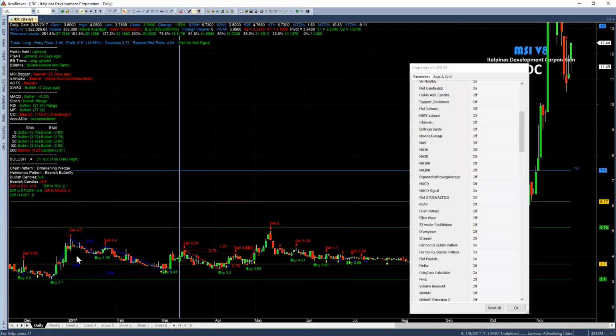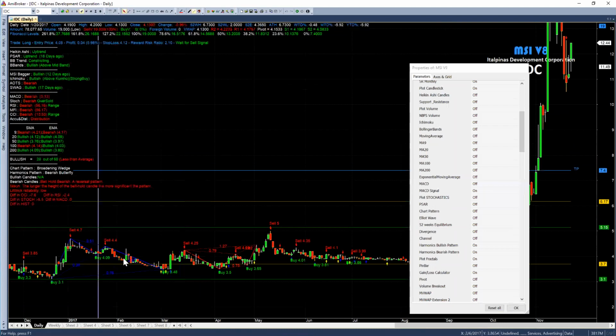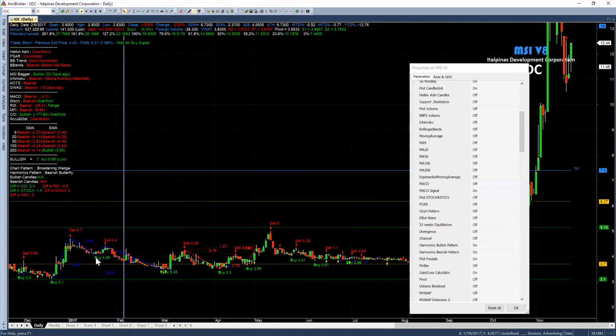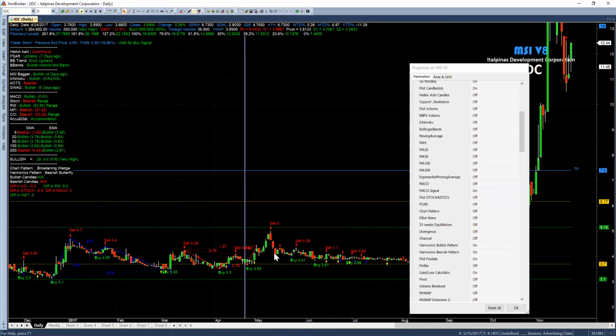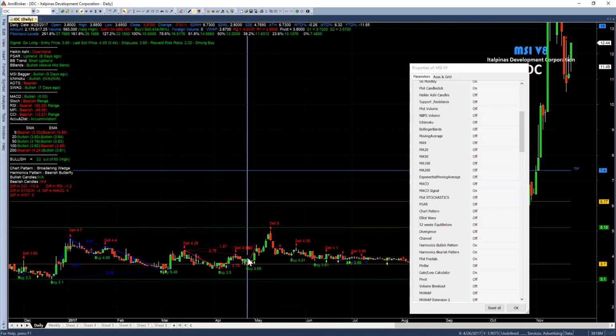Okay? So makikita nyo pag blue yung harmonics, this is a bullish harmonics pattern. And this one is a bearish harmonics pattern. Again, makikita nyo dito yung harmonics pattern is yung last harmonics pattern lang na binubuo niya. Okay? Let's go back to our index.